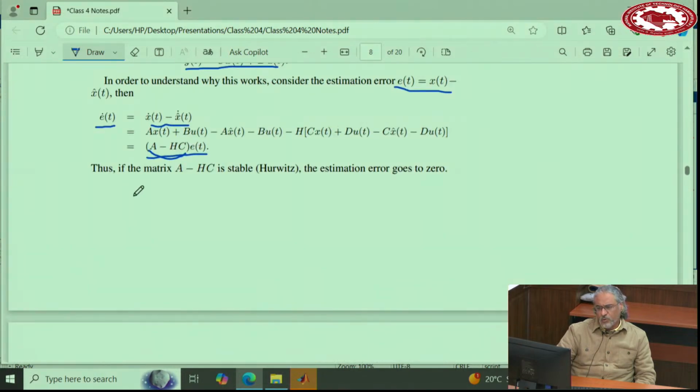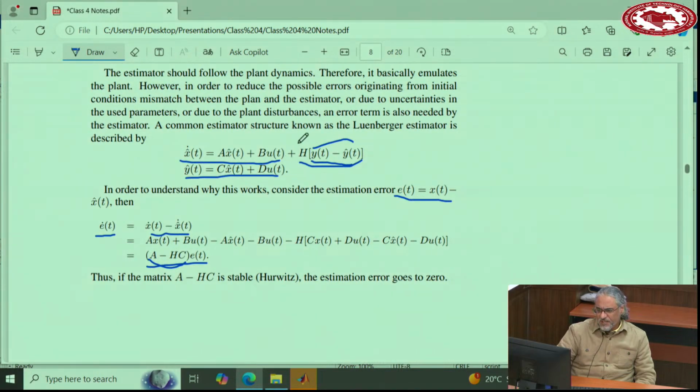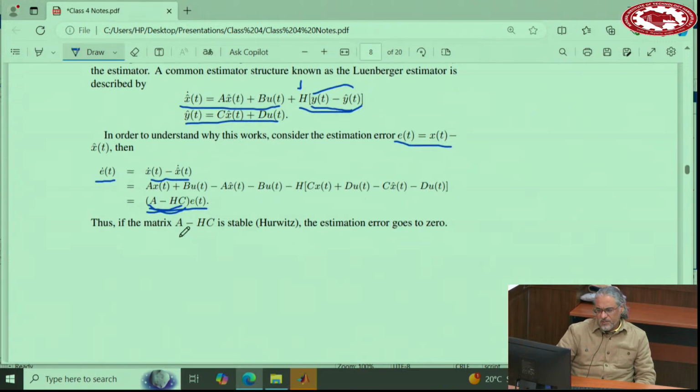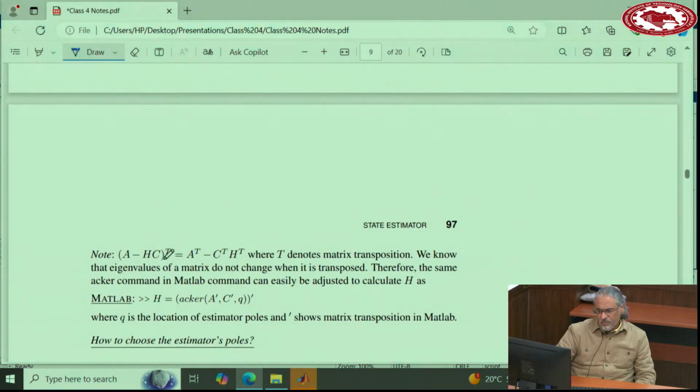Now, in other words, we need only to design this H such that the eigenvalues of A minus HC are stable or sufficiently fast. How to do that? If you look at A minus HC, eigenvalues of A minus HC and eigenvalues of A minus HC transpose are equal, because when you transpose a matrix, its eigenvalues do not change. Now, if you transpose this one, it becomes A transpose minus C transpose H transpose.